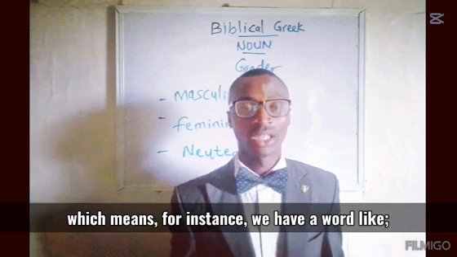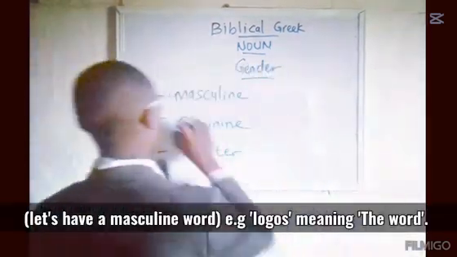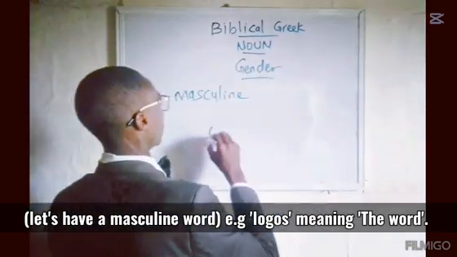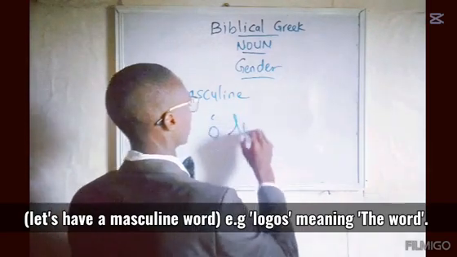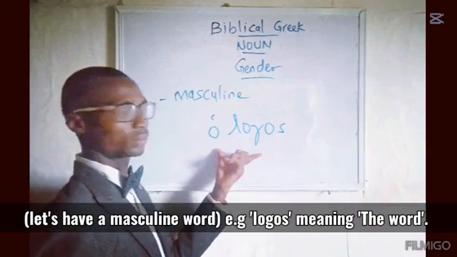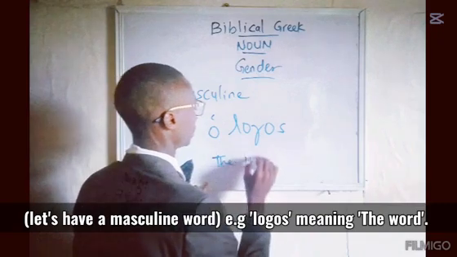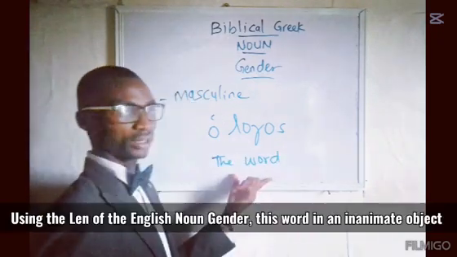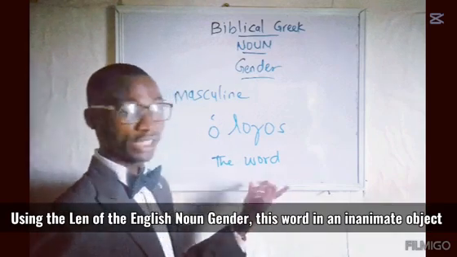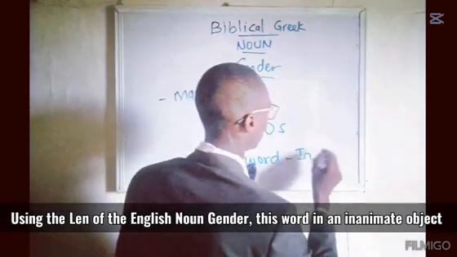For instance, let's take a masculine word like logos. Logos means the word. Now, if I look at it using English noun gender, the word is an inanimate object.